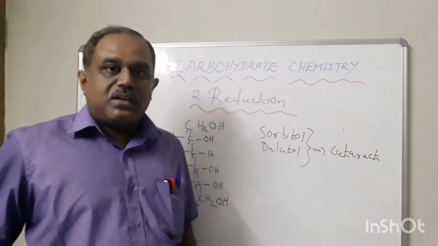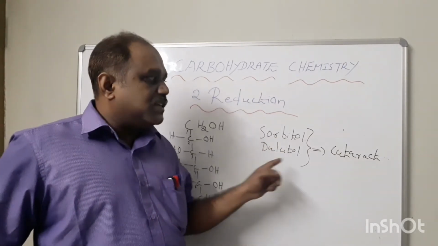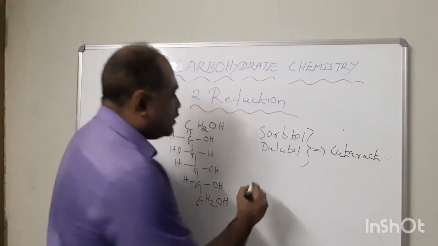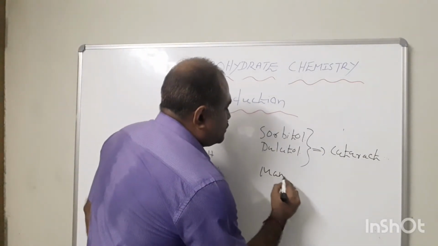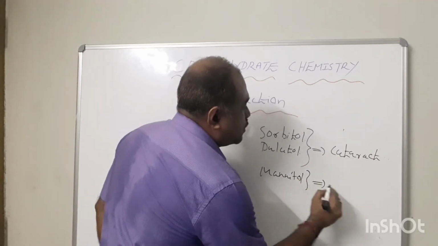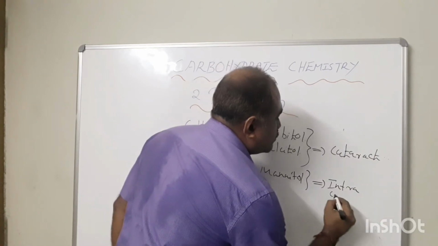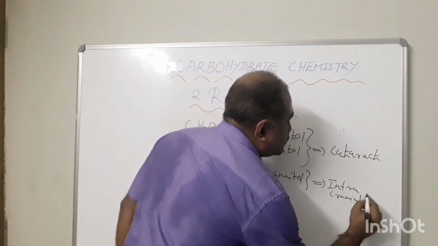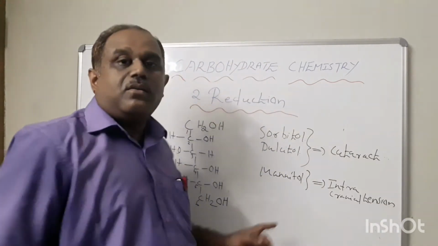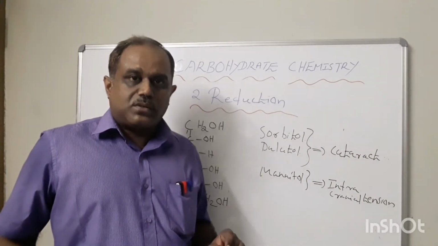Diabetic retinopathy is due to the accumulation of sorbitol. Galactosemia, congenital cataract is due to the accumulation of dulcitol. Mannitol is used to reduce the intracranial tension by forced diuresis.